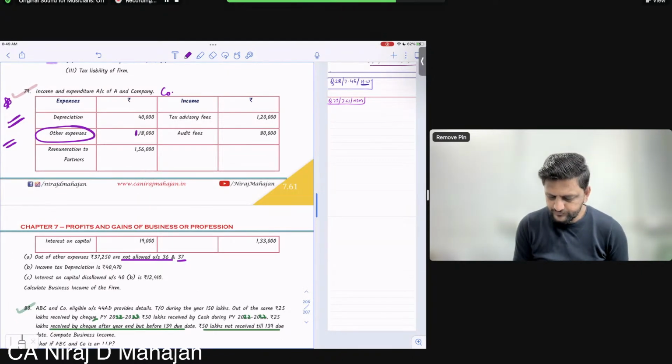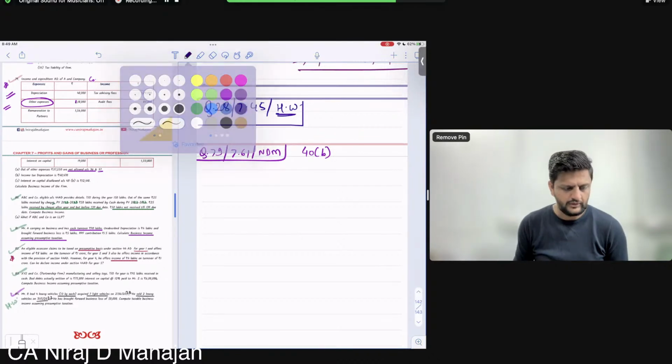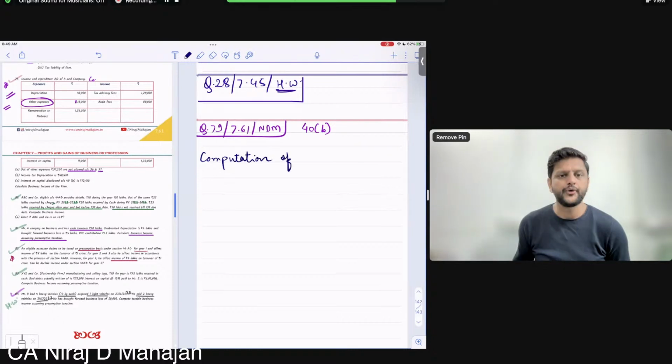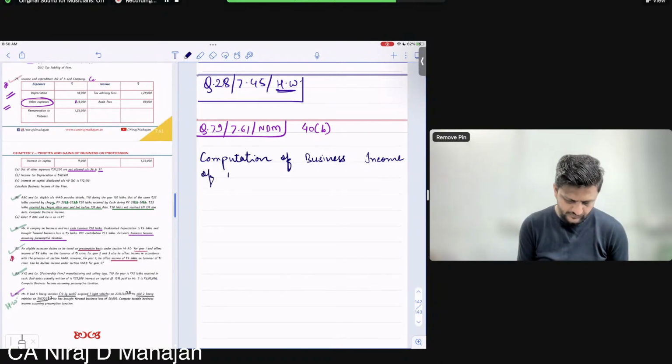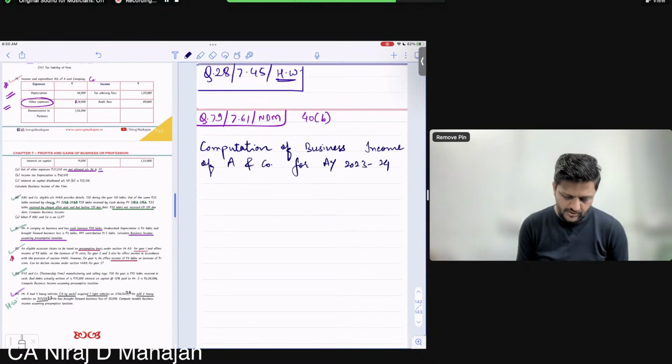Over here also write down 40B. Alright, write down. चलो.